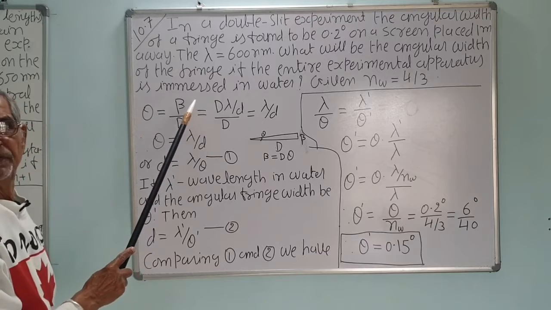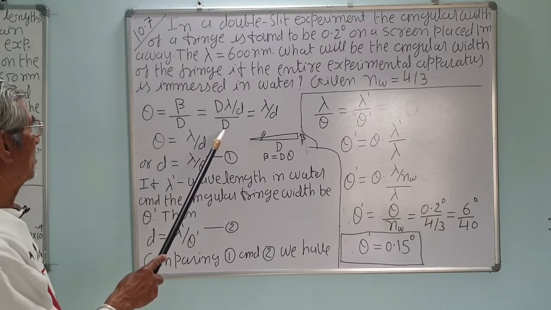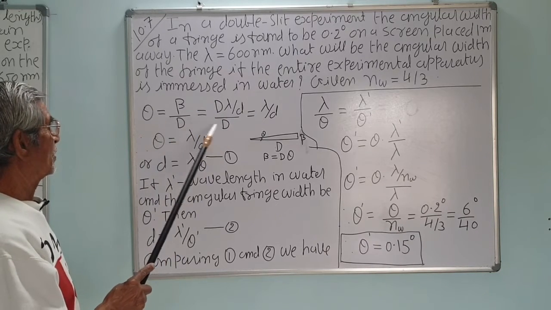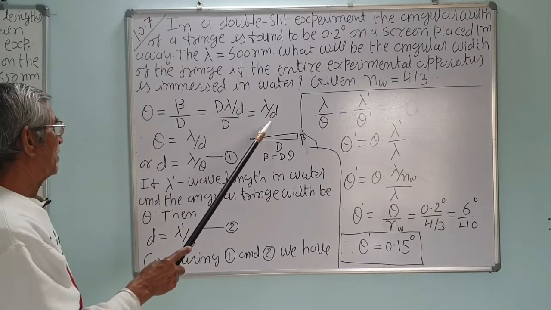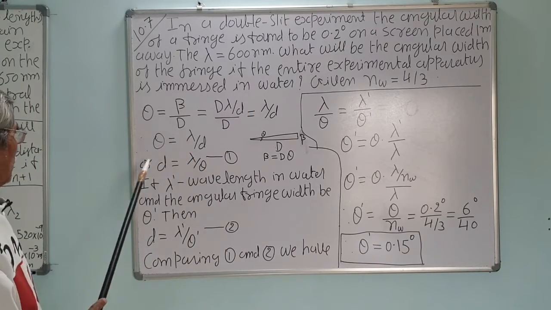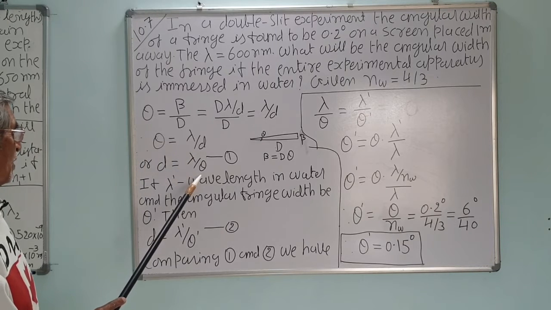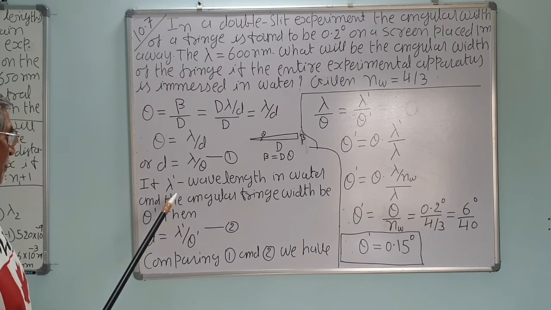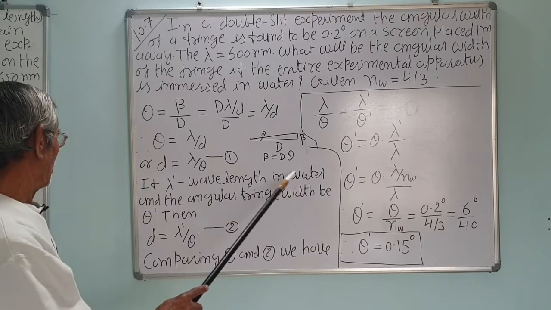And beta, the fringe width, we know is D lambda upon small d. Now D is there already, capital D, so D will be cut. So theta is lambda by d, or d is equal to lambda by theta. Now lambda will change when it is immersed in the water, so lambda dash is the wavelength in water.